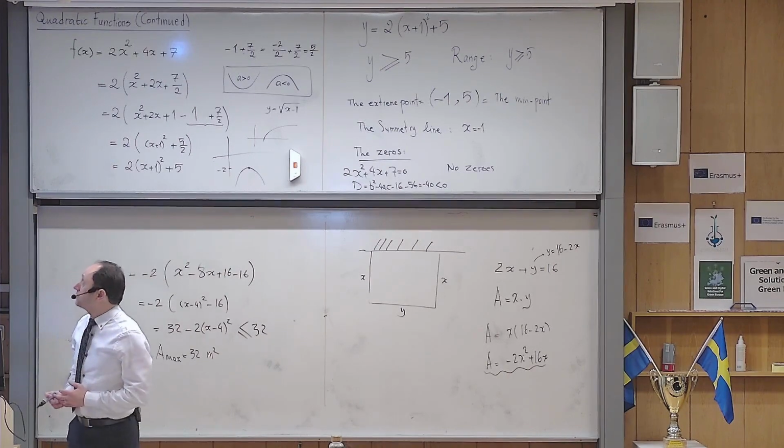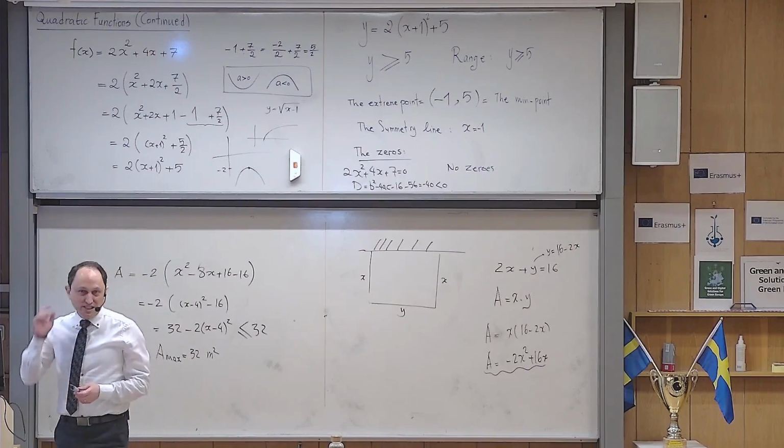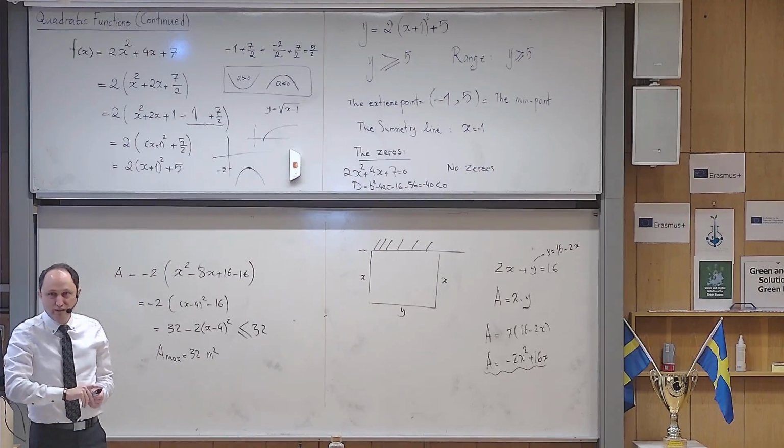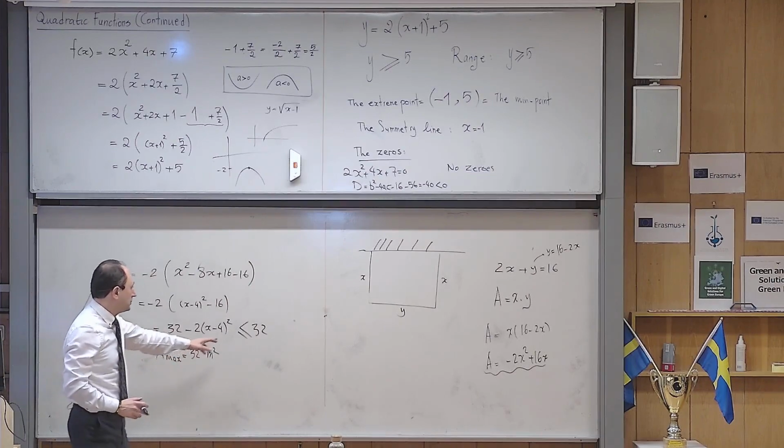Okay? But what is the question? Yes, they have asked you how big is the maximum area. But to be honest, this is not that relevant. You don't care what the max is. It is good to know that you cannot go beyond. So what does it mean?